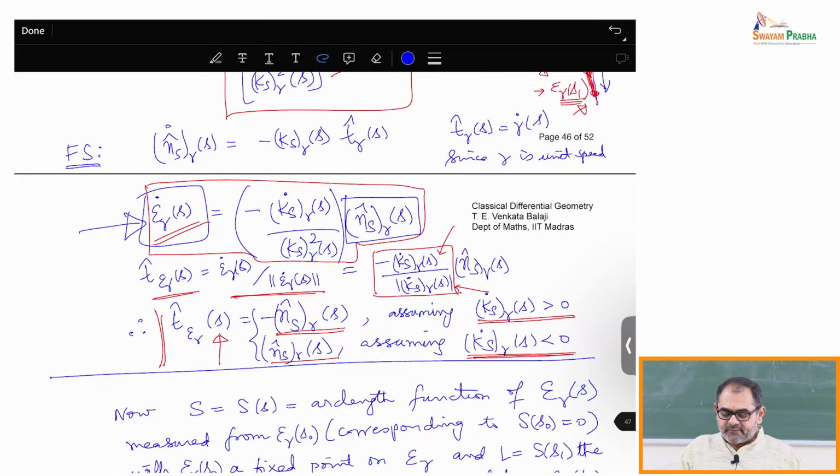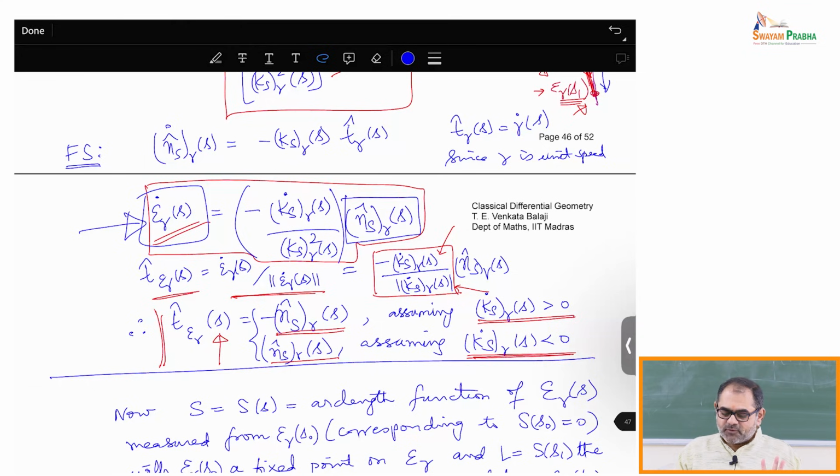And notice that this quantity is going to be negative if k dot is positive, and it's going to be positive if k dot is negative, and also this quantity is actually the derivative of 1 by k.